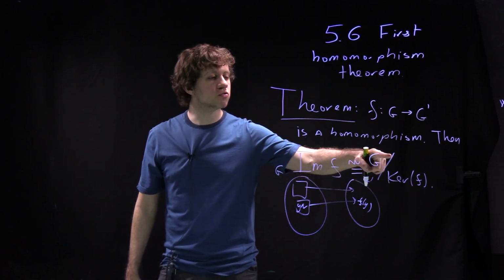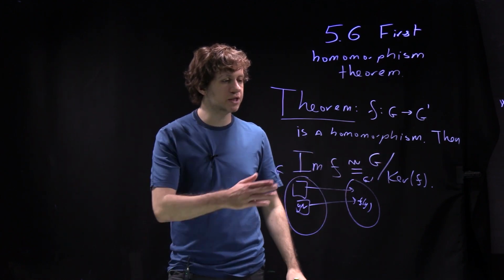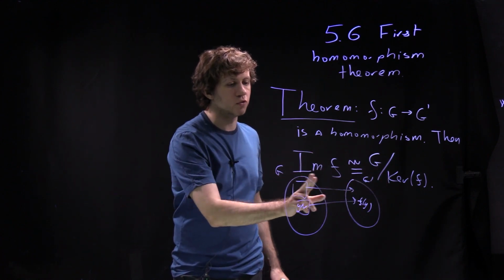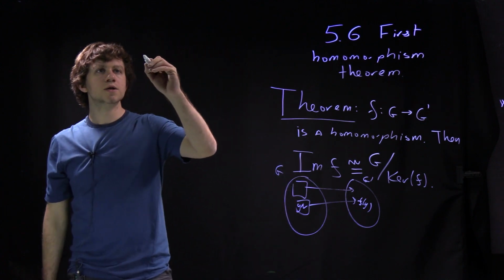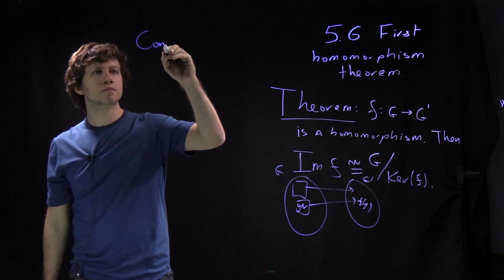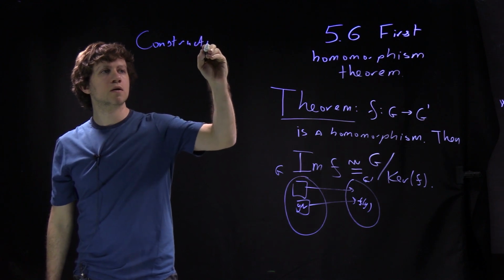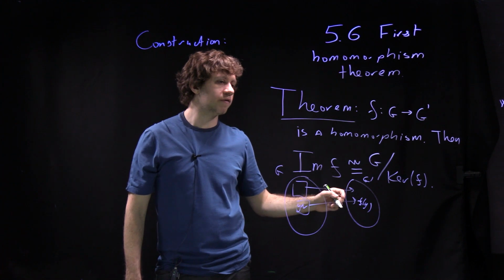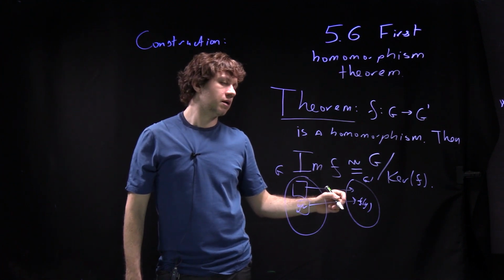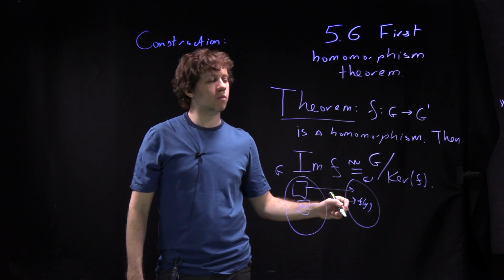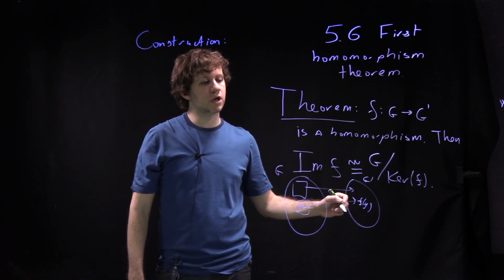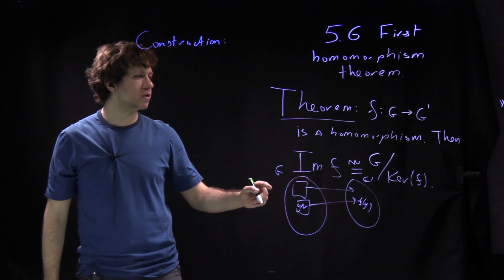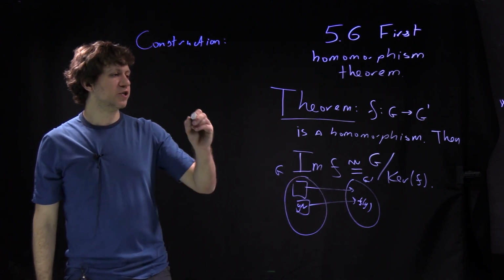So I want to construct this isomorphism, and for this I need to say where everything goes, and I will do G over kernel of f to image of f. So construction. Let me denote this homomorphism by h.